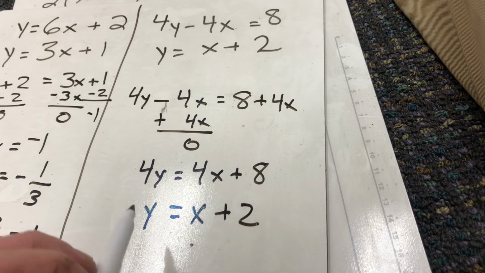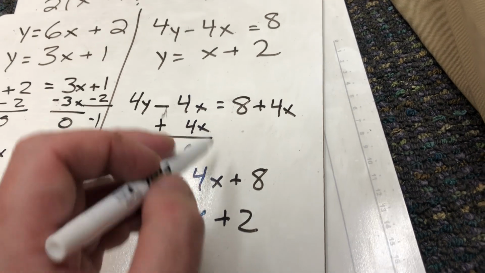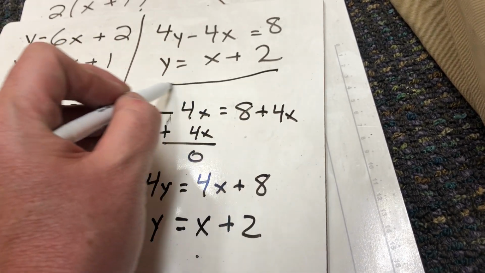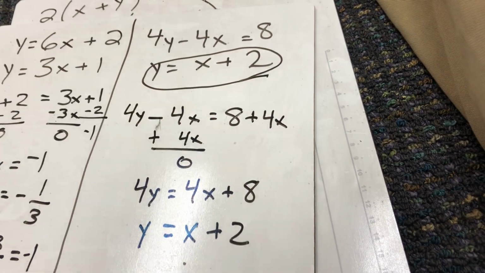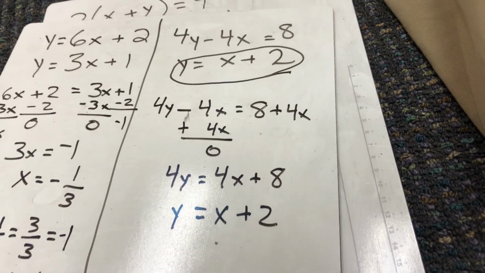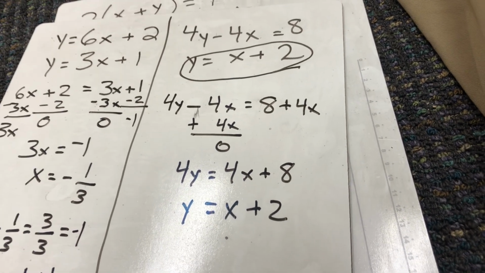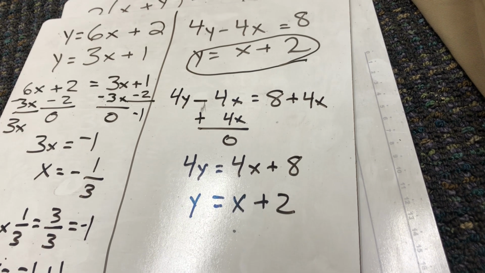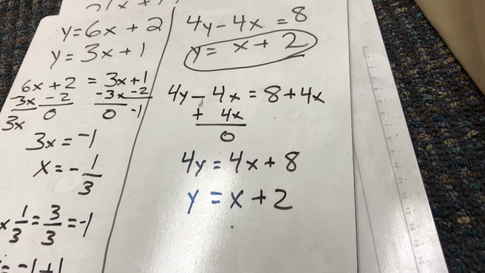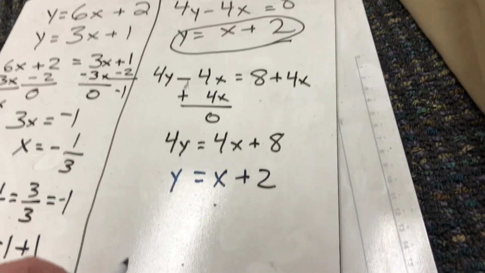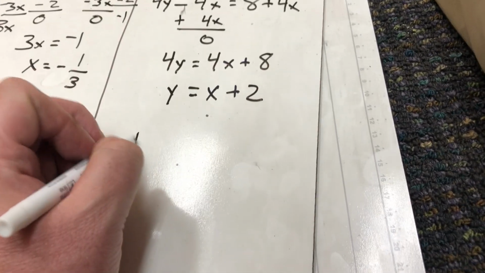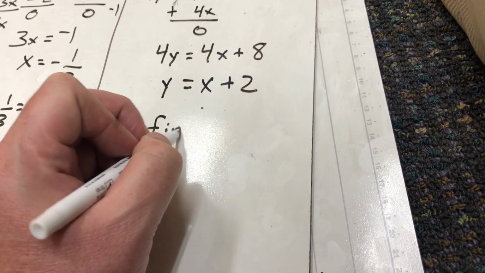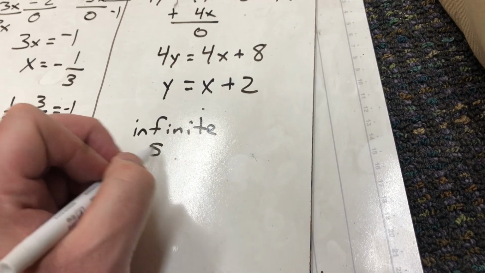I end up with y equals x plus 2. Well, this one here was y equals x plus 2. So both equations are exactly the same, which means they are the exact same line. Okay? So that means every point is a solution. And this is what we call infinite solutions.